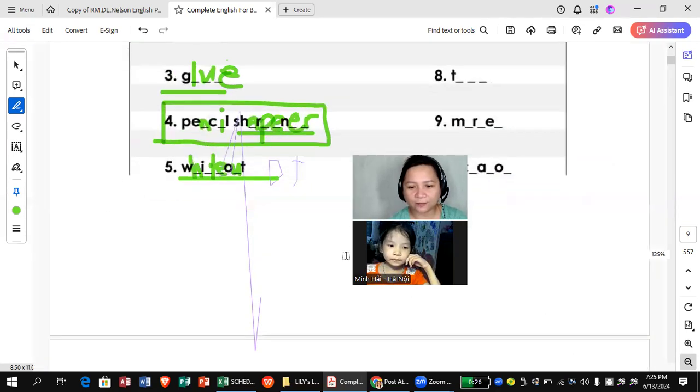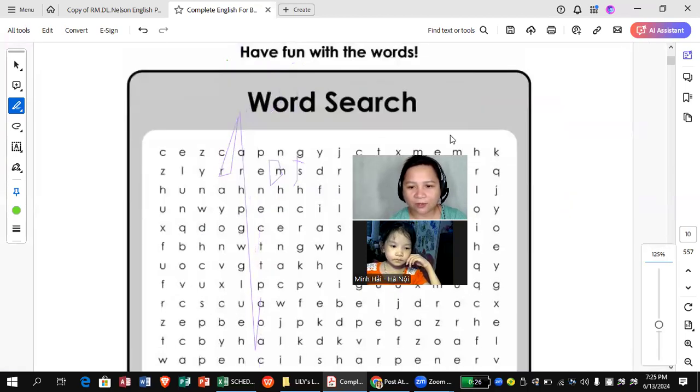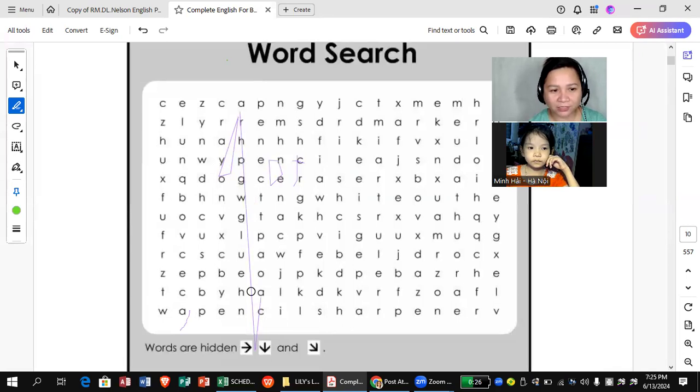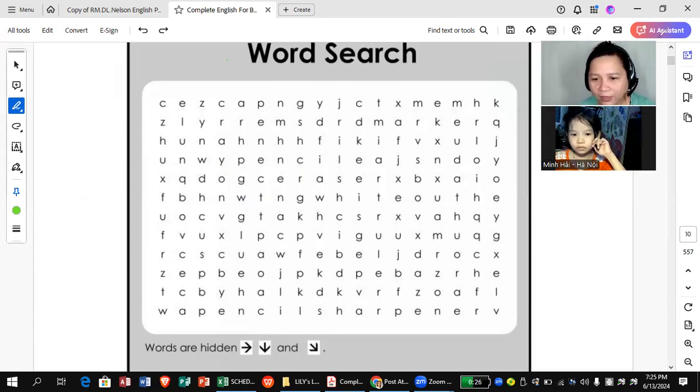Okay, that's good. Okay, so now can you find the word pencil? Can you try? Okay, I will try. To find the word pencil, you must find first the letter P. So where is the letter P?